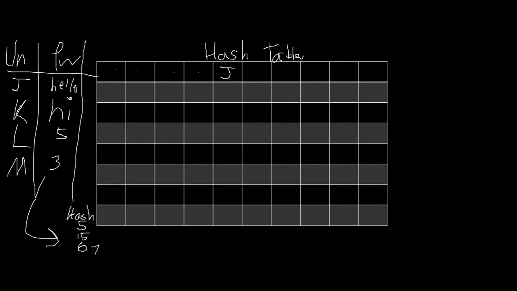Now, this is actually what we would see. We would see that their username was placed at that index on the table, and that's it. Okay, K goes to index 15, L will go to index 6, M to index 7.